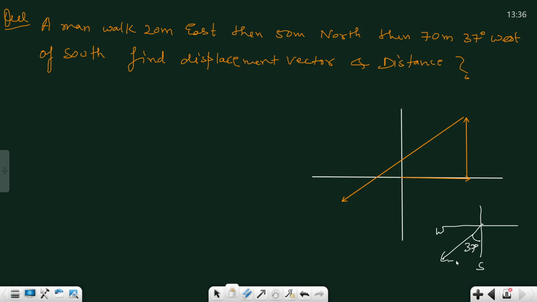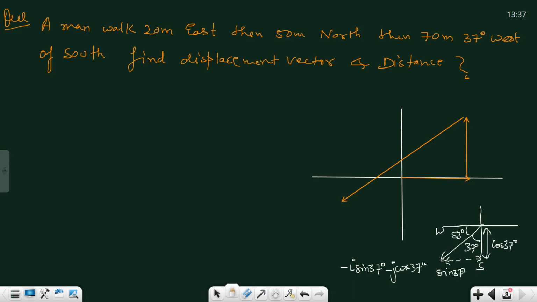So this will be sine 37 degree, and this will be cos 37 degree. So direction will be minus i sine 37 degree, and minus... why don't we take 53? You can take any angle, sir, it's up to you. If you take this 53, that will become cos 53 degree, which is the same as sine 37.